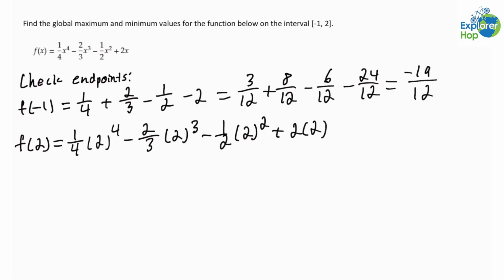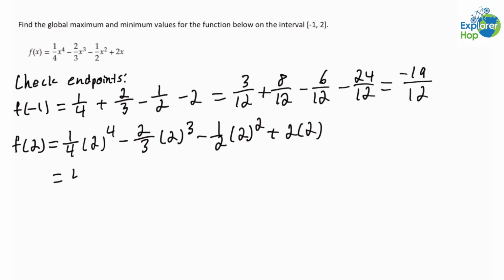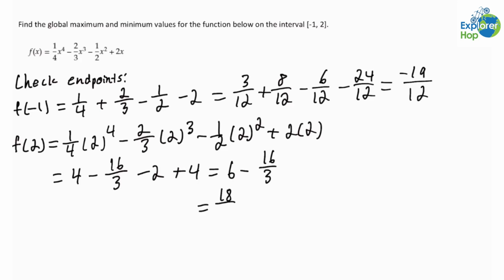And this is equal to 4 minus 16 over 3 minus 2 plus 4, which gives us 6 minus 16 over 3. And this is equal to 18 over 3 minus 16 over 3, which is equal to 2 over 3.